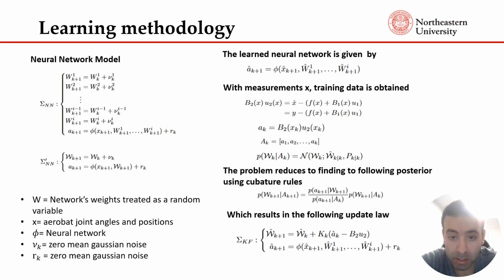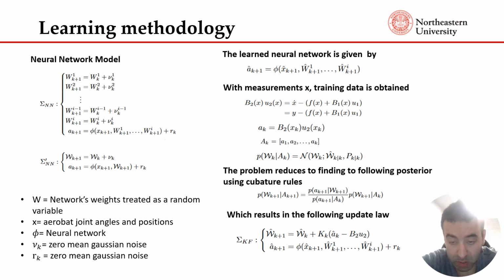B2U2 is y minus f plus B1U1. Then we store this empirical value of the aerodynamic forces at time k and a_k, and we have to find the value of the weights given all the past data from A1 to AK, which we store in the big vector A_K.